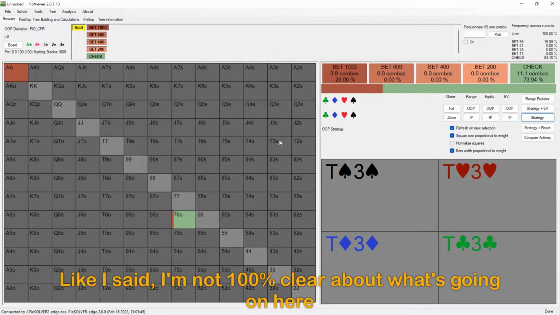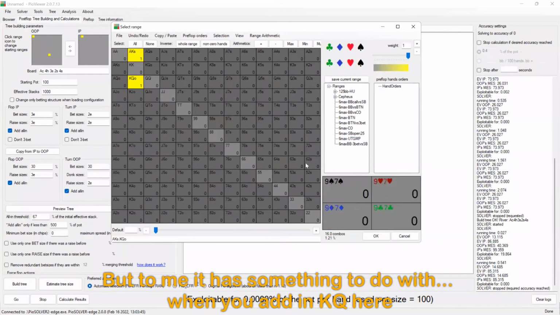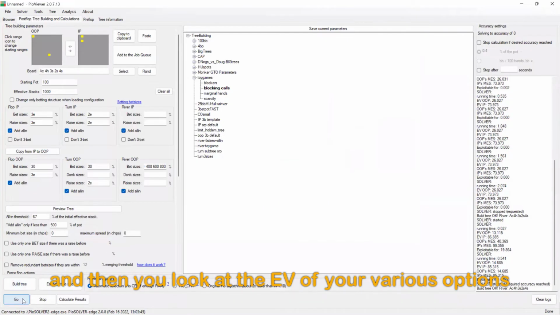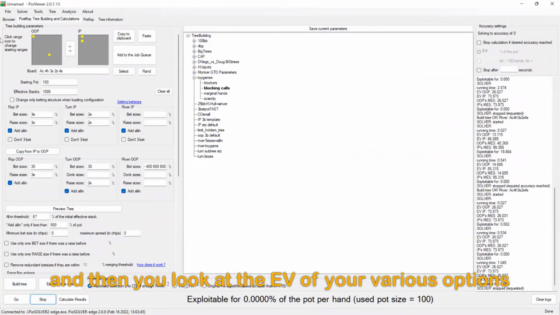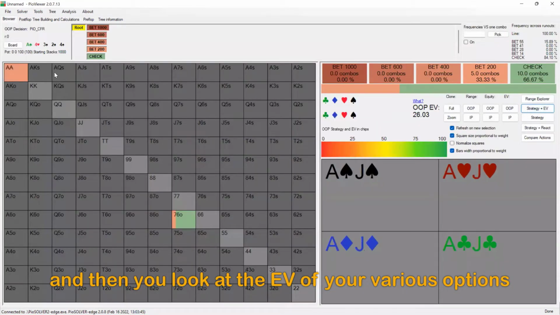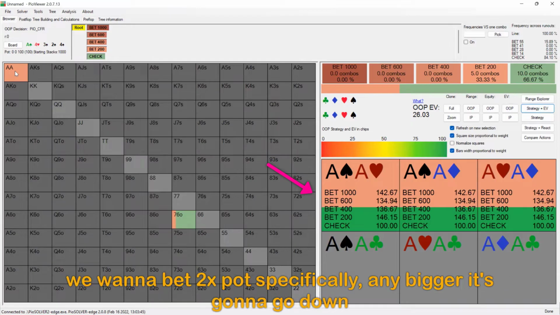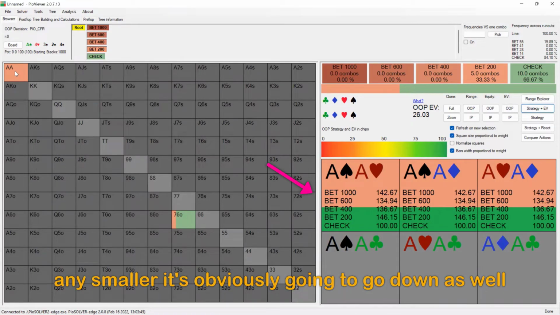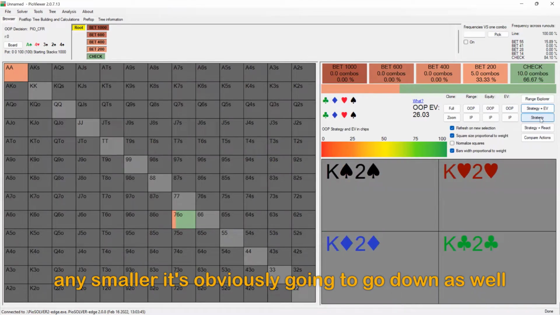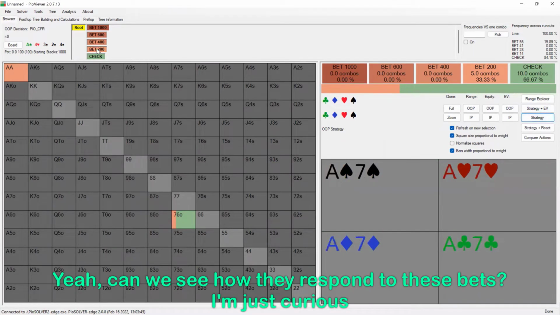Like I said, I'm not 100% clear about what's going on here, but to me it has something to do with when you add in king queen here. And then you look at the EV of your various options. You can see there's a certain point where our EV is maximum. We want to bet 2x pot specifically. Any bigger is going to go down, and any smaller is obviously going to go down as well. So can we see how they respond to this bet?